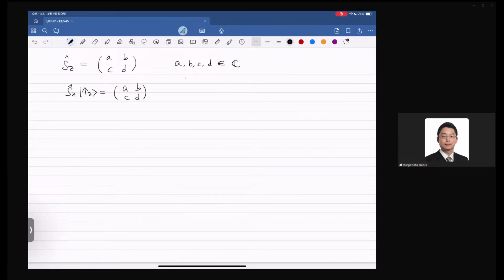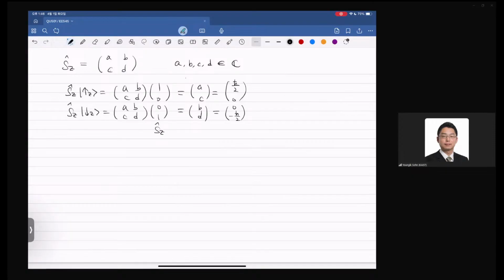A, B, C, D applied to 1, 0 gives A and C, which equals h bar over 2, 0. Do the same thing to spin down: A, B, C, D applied to 0, 1 gives B, D, which equals 0, minus h bar over 2. So as the Sz operator, we find h bar over 2 times the matrix 1, 0, 0, minus 1.